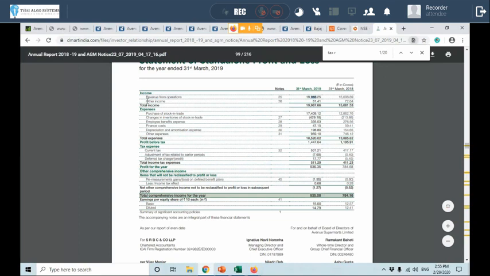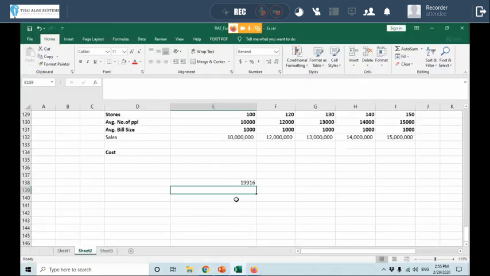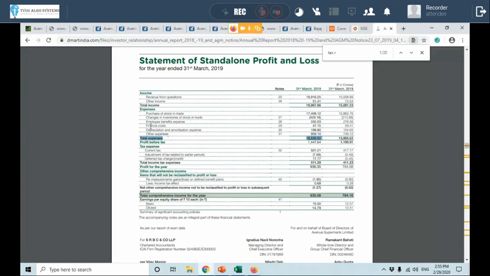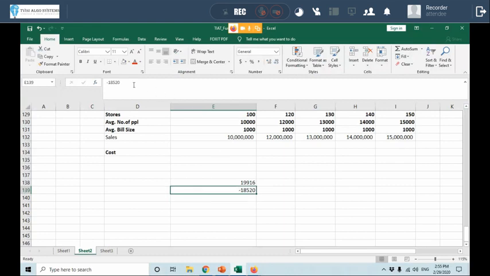I'm not considering other income right now. My total expense is 18,520, and I am adding back my finance cost and depreciation, which is 198 plus 47.